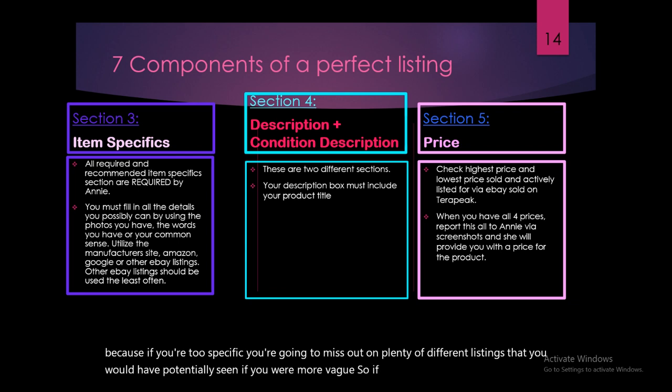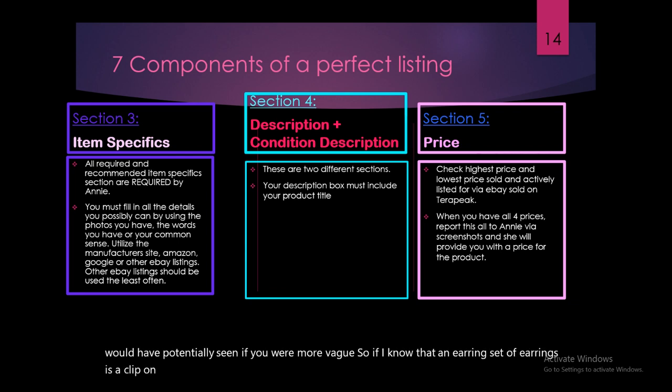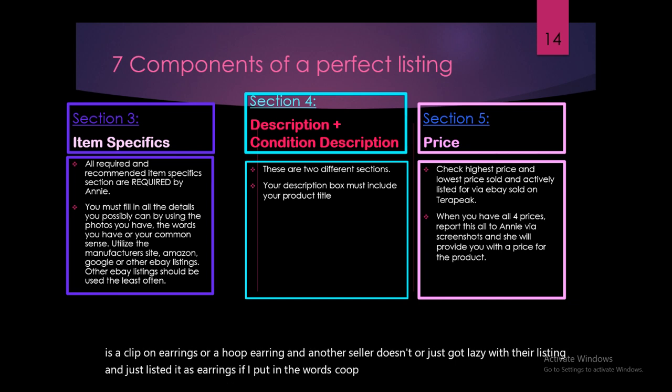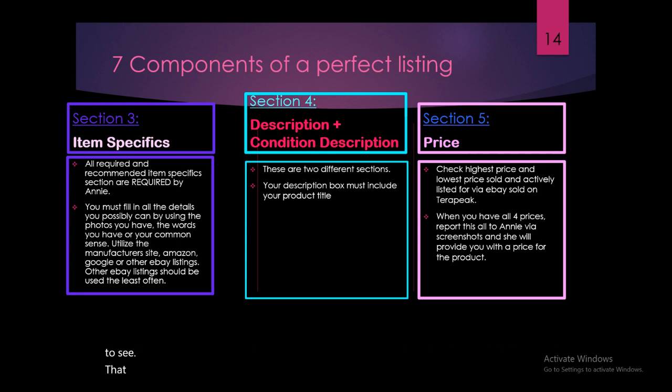So if I know that a set of earrings is a clip-on earrings or a hoop earring, and another seller doesn't, or just got lazy with their listing and just listed it as earrings, if I put in the words hoop earrings or clip-on earrings, I'm not going to see that that seller that just listed it as a pair of earrings would have the same exact item that I do.